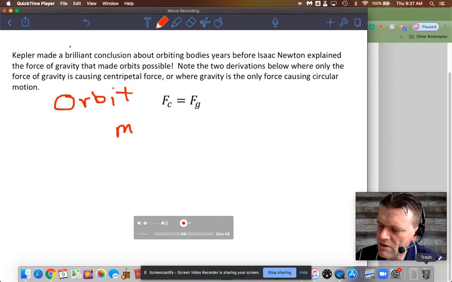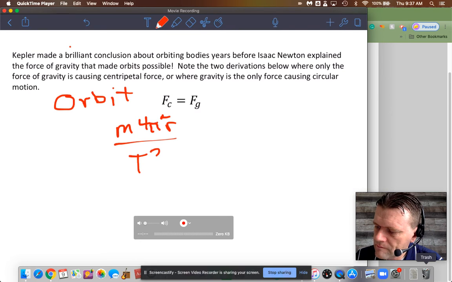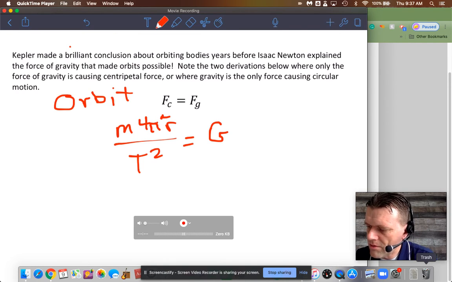It's m times 4 pi squared r over T squared. That's going to equal, we're going to expand the force of gravity formula into the big one, G m1 m2 over r squared.